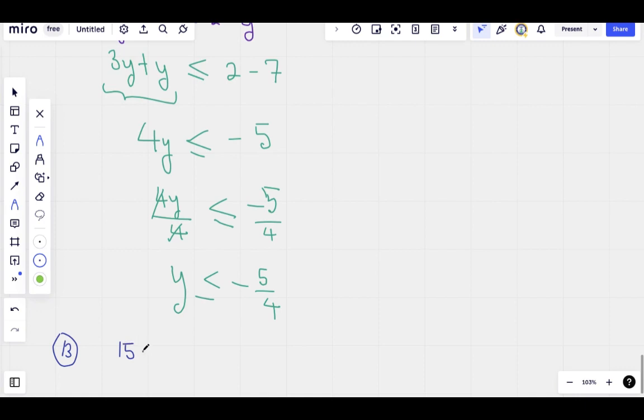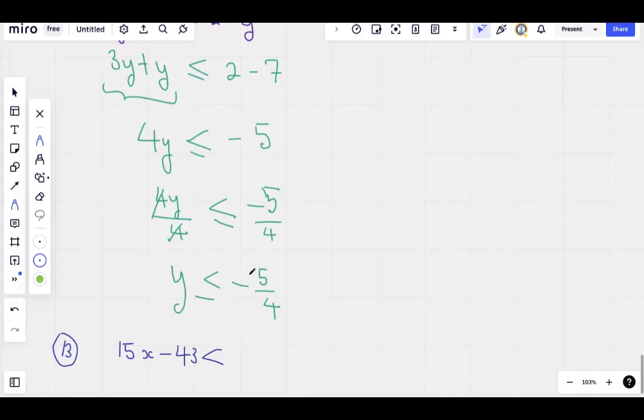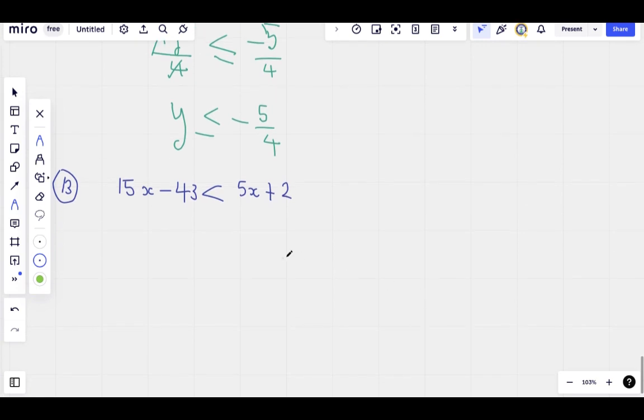15x minus 43 is less than 5x plus 2. So we solve this.